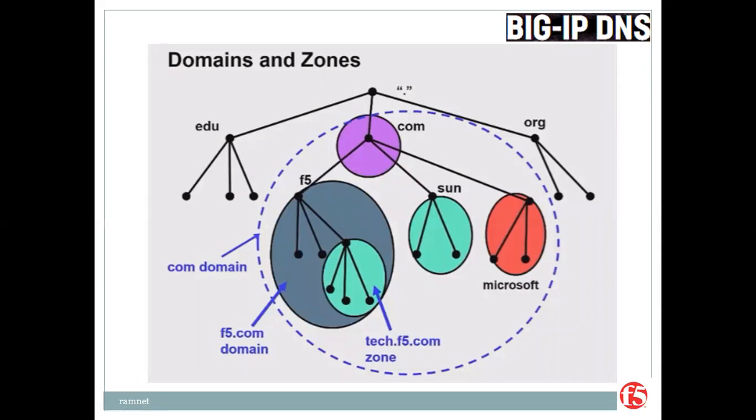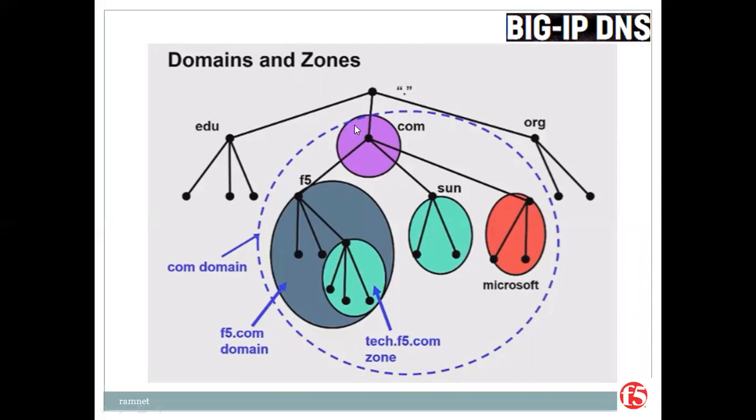Then I have to talk about domains and zones. What is a zone and what is a domain? The domains we just saw: .com, .edu, .org. These are all the domains: .org domain, .com domain, .edu domain.